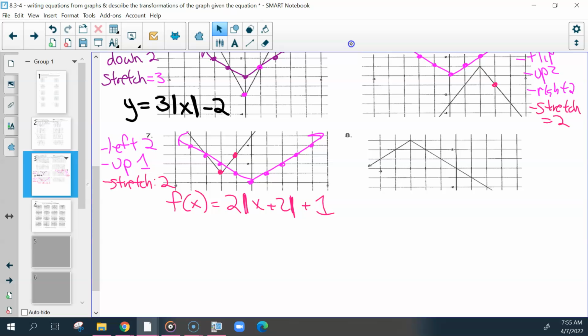I think that's the one I just used. They did? One page? Flip it on the side that says objective 4.